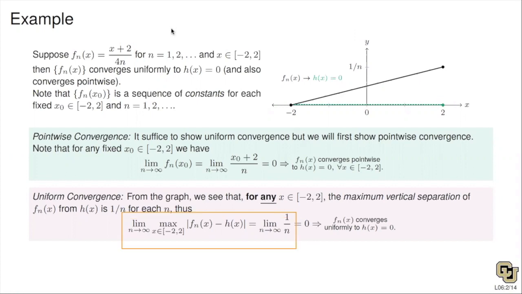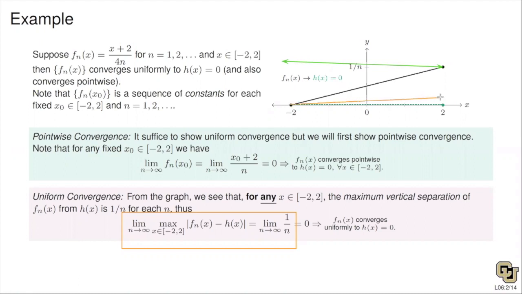We claim that at any point in time of the sequence, for any n value, every point will be less than 1 over n, no matter where we are in the convergence. So for a very large n value, maybe the function looks like this.